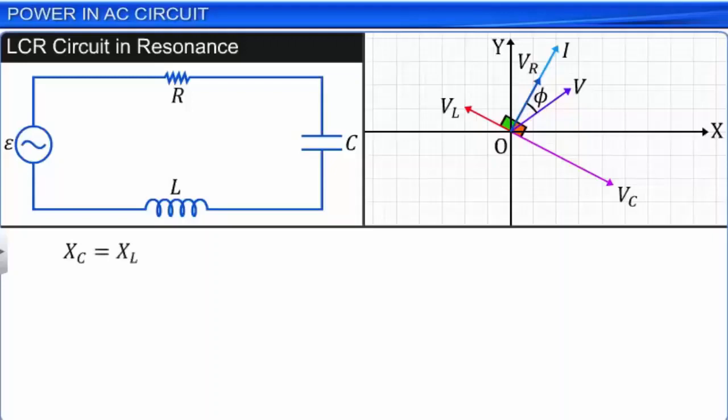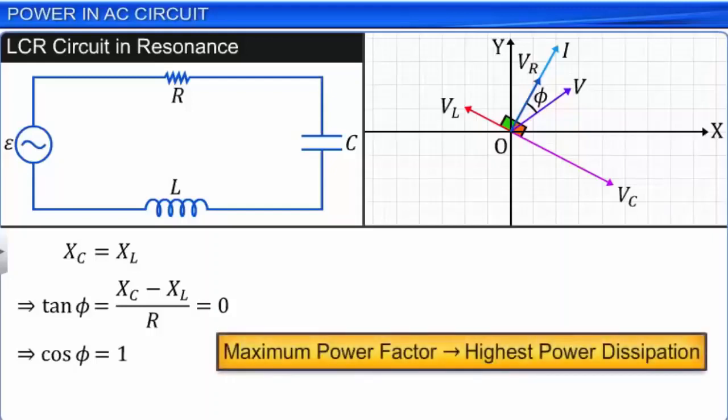This implies that the value of phi is 0, and hence the power factor cos phi is equal to 1. Hence, the power dissipation in an LCR circuit is the maximum as the power factor becomes unity. The average power, in this case, is equal to the product of VRMS and IRMS.